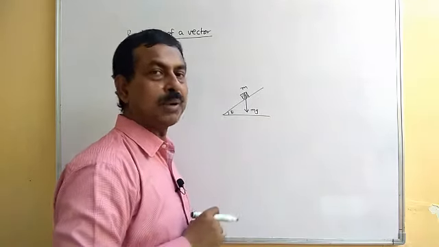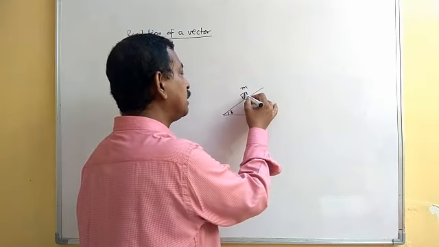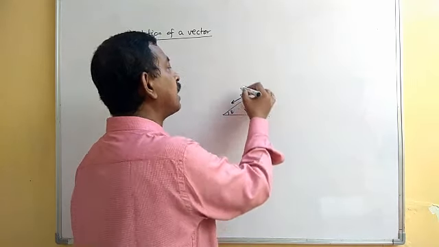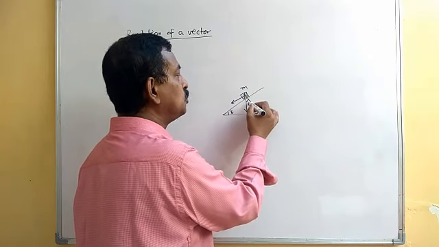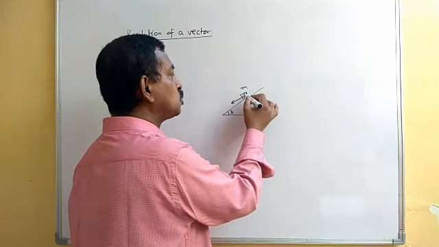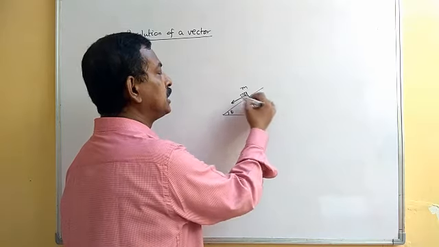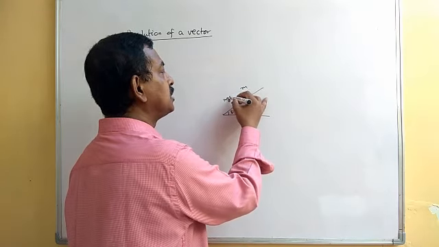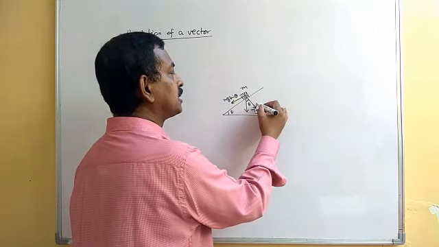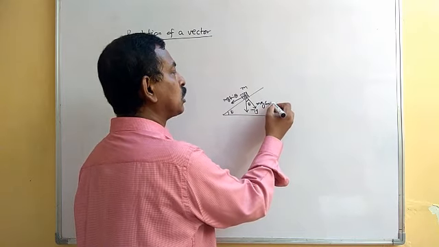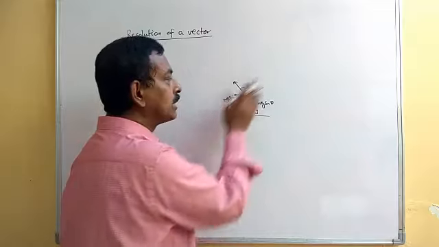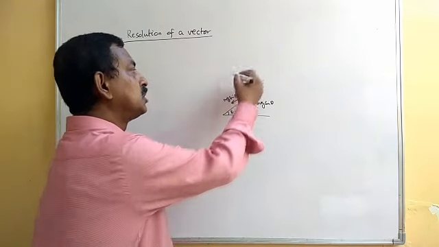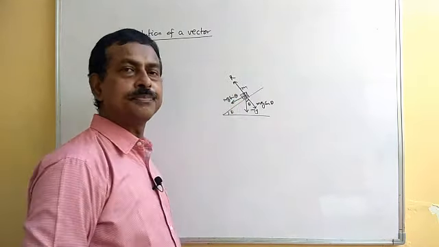So here, if I resolve this mg in two mutually perpendicular directions, along this it is your mg sine theta, and in this direction it will be your mg cos theta. Normal reaction will also act there, normal to the inclined plane. So this is your normal reaction R.